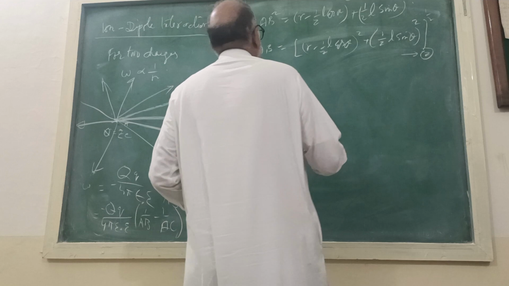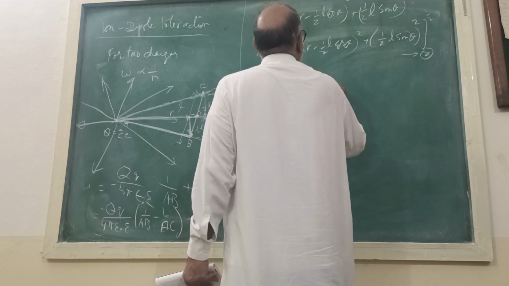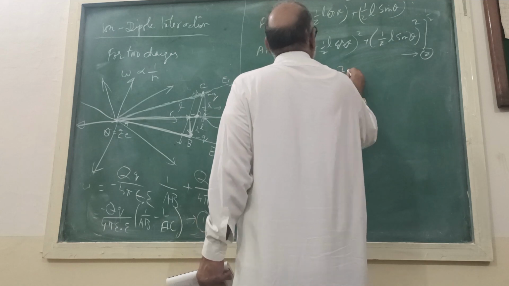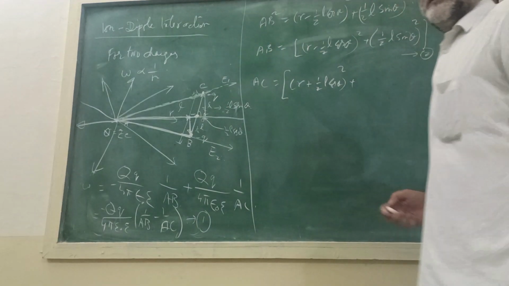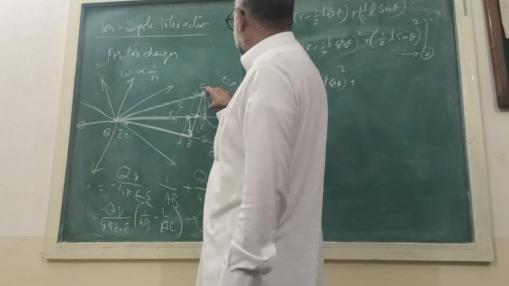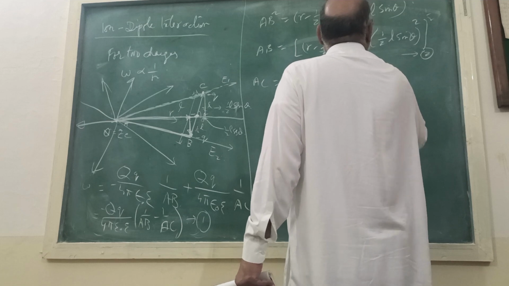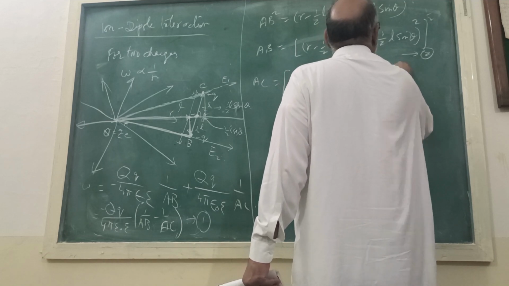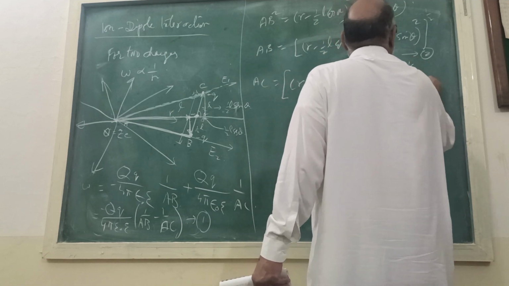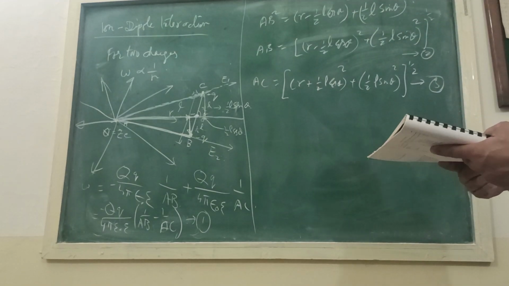That will be R plus 1 over 2L cosine of theta whole square, Pythagorean theorem. Yes. Right? And this square, 1 over 2L sine of theta whole square, to the power 1 over 2. Right?